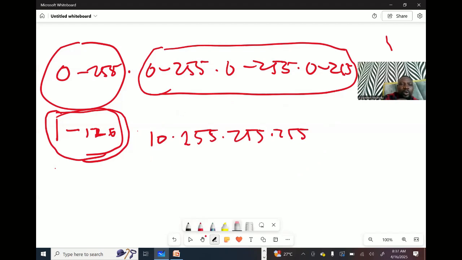So now how are we going to demarcate it to make it a proper class A IP address? We have something we call a subnet mask.